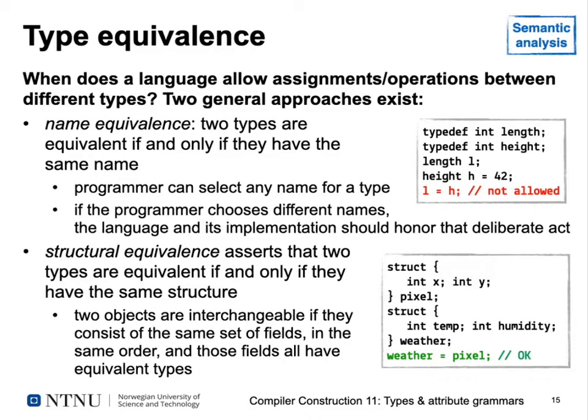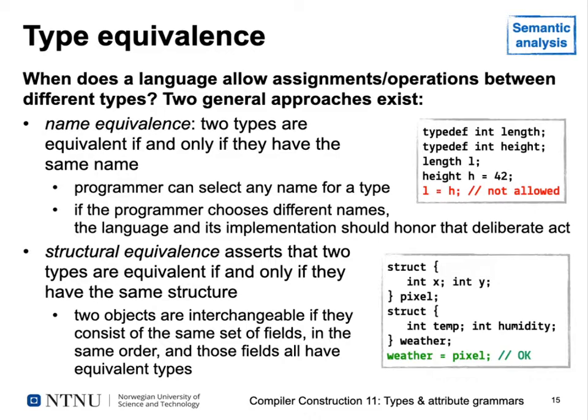Here the programmer can select any name for a type, and if the programmer chooses different names, even if they have the same basic data type like an integer, the language and its implementation should honor this. They should consider that the programmer did this intentionally, assigning different type names to our variables. So this assignment should indicate that something seems to be semantically wrong with our program.